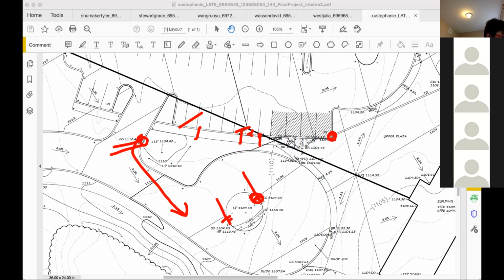Okay. Now you have your LP at 1109.40 and then 1109 being there. You have two 1109s. You don't actually have a 1109 here because your LP is above 1109. Does that make sense? Yeah, so your LP is above 1109.4, and you do have a 1109 over here.